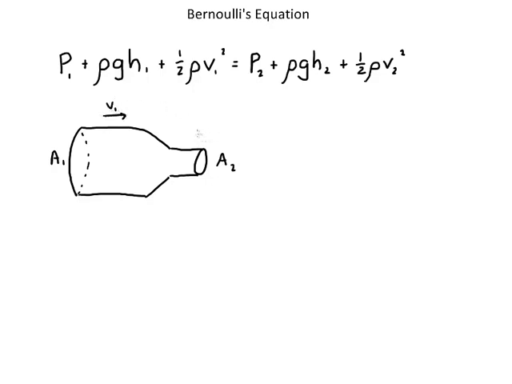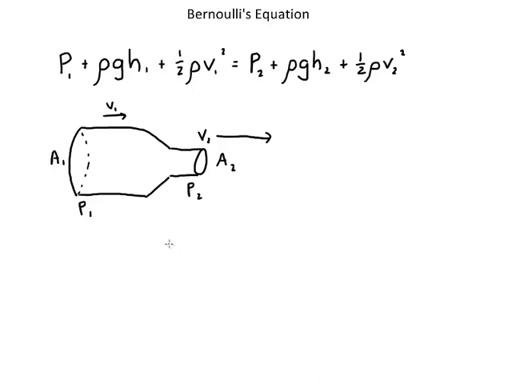We learned that it would speed up as it went through to this area. What's also going to be true is there'll be different pressures here. Like you learned in the conceptual video on Bernoulli's principle, when fluid speed increases, pressure goes down. Well, we would have a pressure in this area and a pressure in this area.